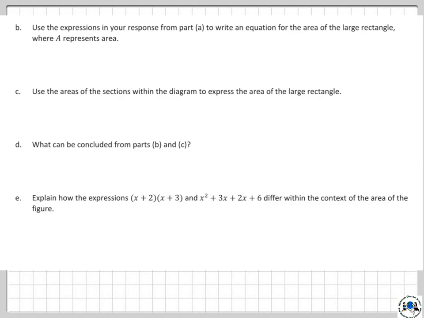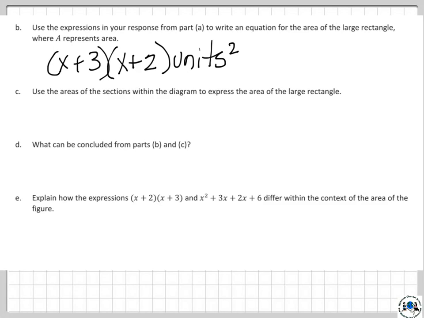Using those expressions, we have x plus 3, the length dimension, multiplied by x plus 2, the width dimension, which is how we calculate area, of course, length times width. That's just what we've done here. There's no mystery. It's just that now we have some unknowns. So x plus 3 times x plus 2 units squared.